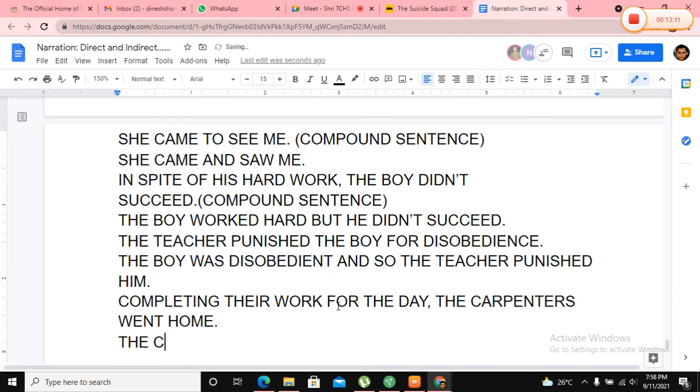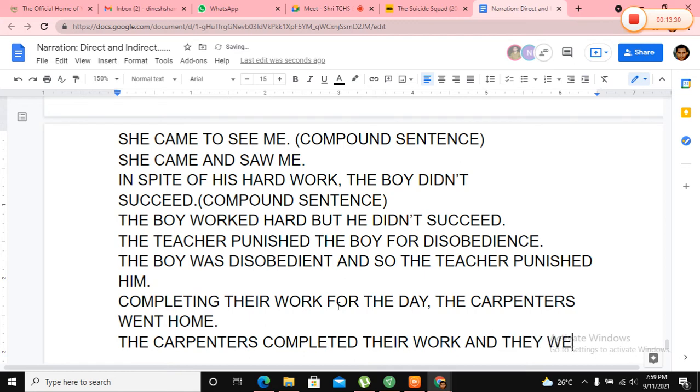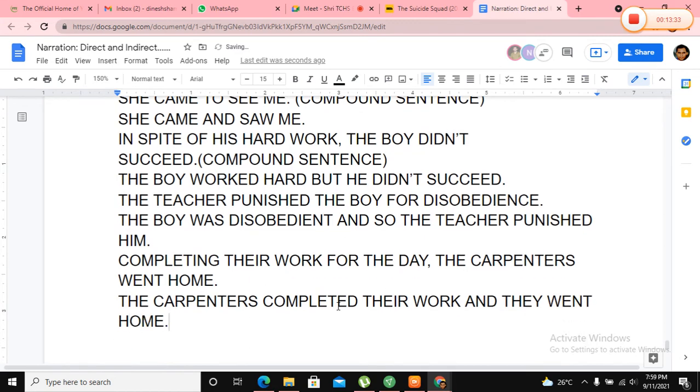The carpenters completed their work and went home. I hope you are getting these compound sentences. Do you have any doubt? You let me know.